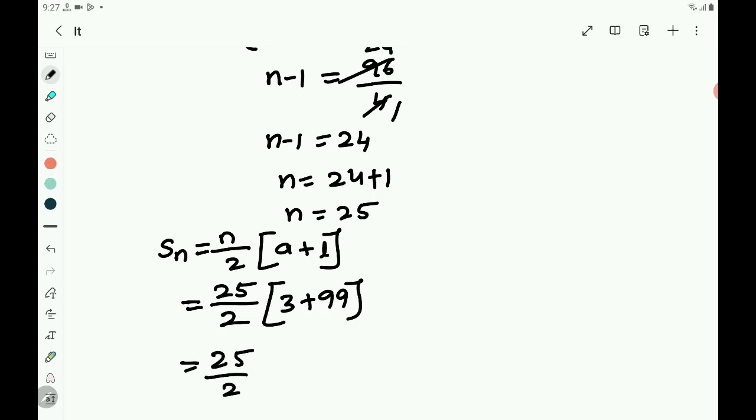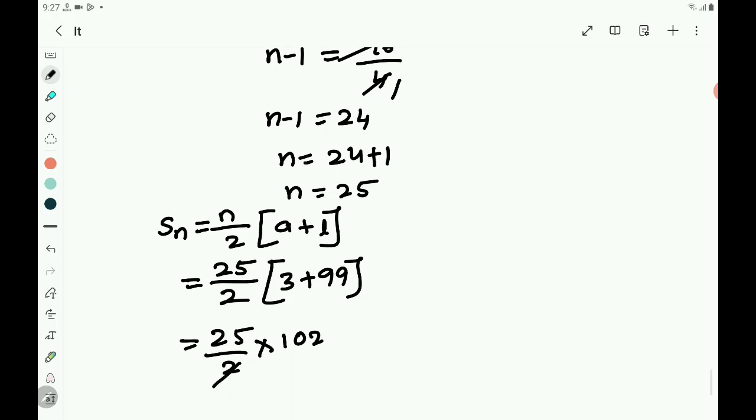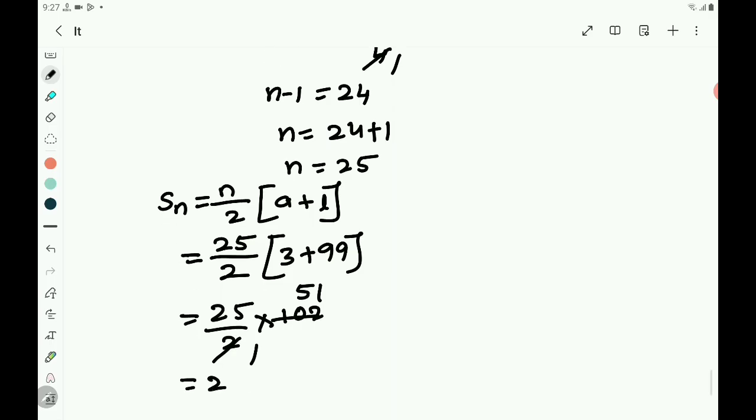25 by 2, 99 plus 3 is 102. Then you can cancel 2 ones are 2, 2 fives are 10, 2 ones are 2, 51 twos are 102, which equals 25 into 51. Then you multiply 51 and 25. 25 ones are 25 and 25 fives are 125. 125 plus 2, 127.